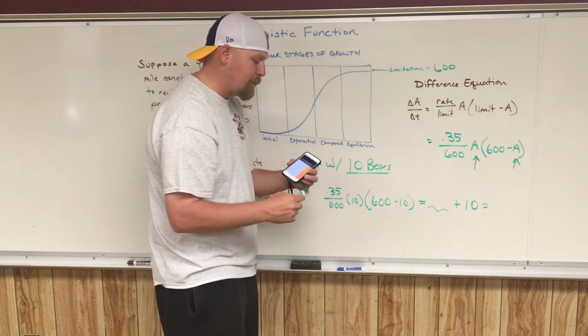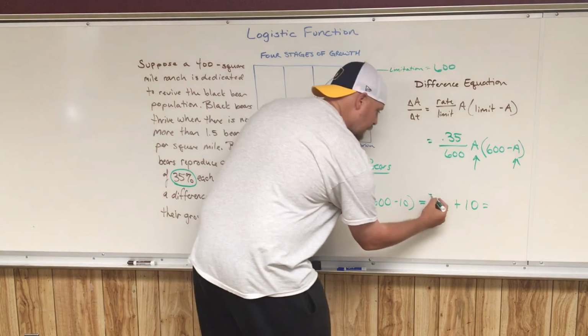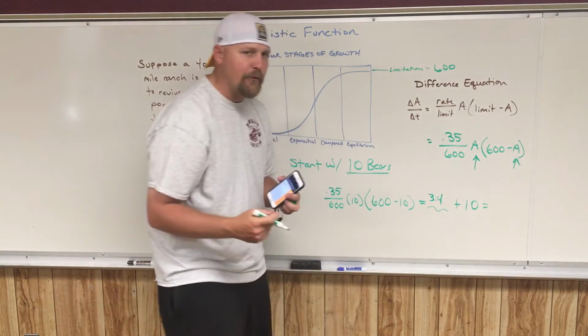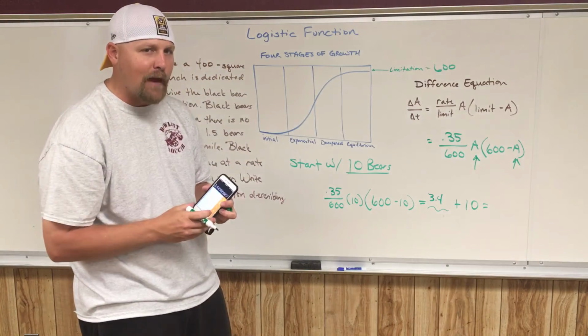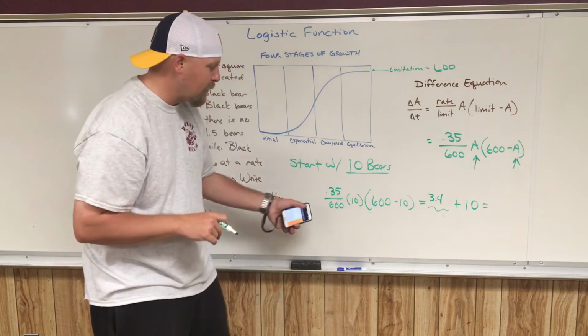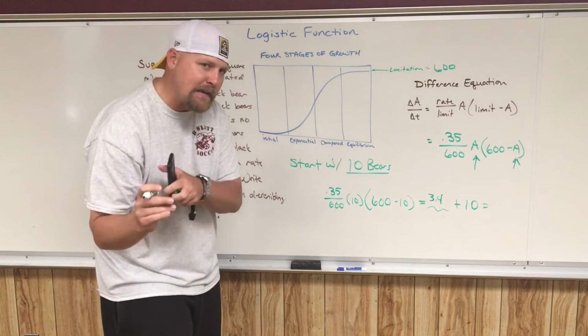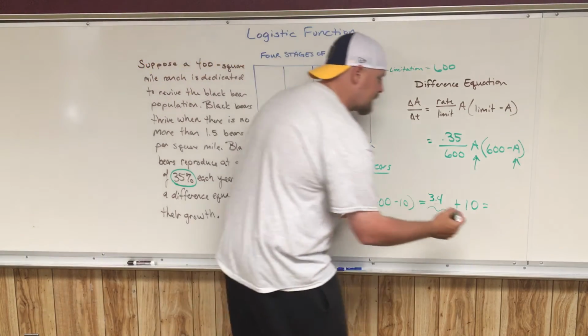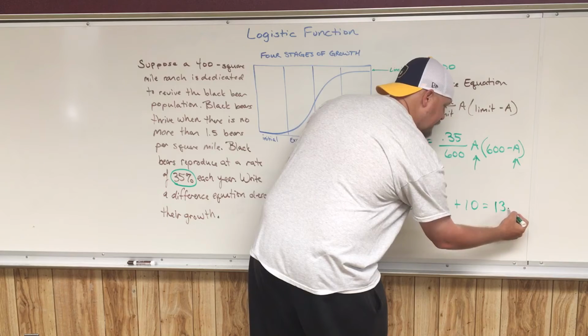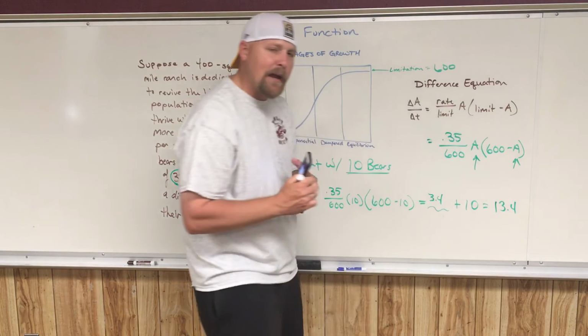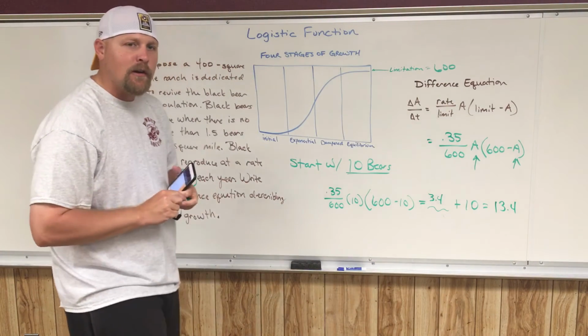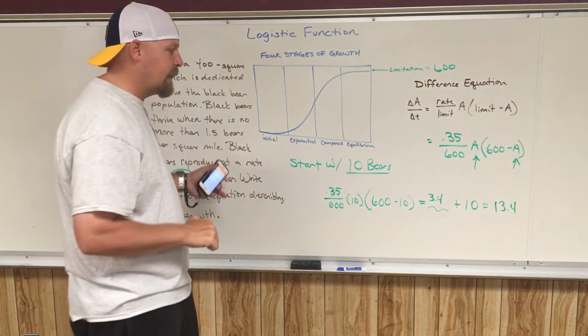Okay, and then I got 3.4. That's real close to 3.5, which would be 35%. It's real close, but we are limited, so it's not exactly 3.5. And then it says we have approximately 13.4 black bears after the first year of this rededication project.